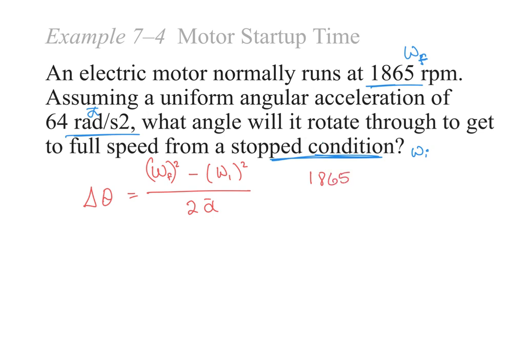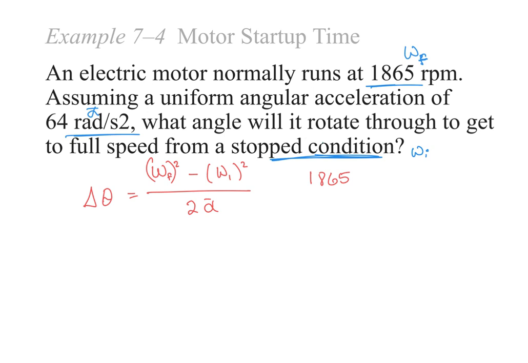However, is that an angle? What is that? That is rotations per minute, correct? What is my final acceleration going to be in? Radians per second squared, right? So I cannot divide a rotations per minute by a radians per second squared. We are going apples to oranges here.